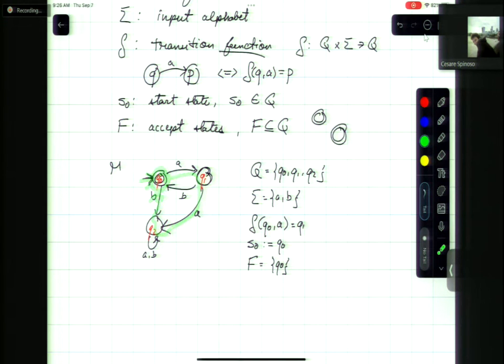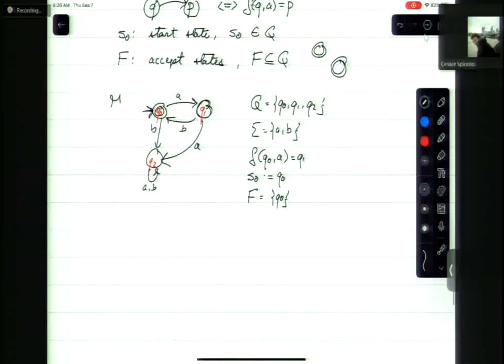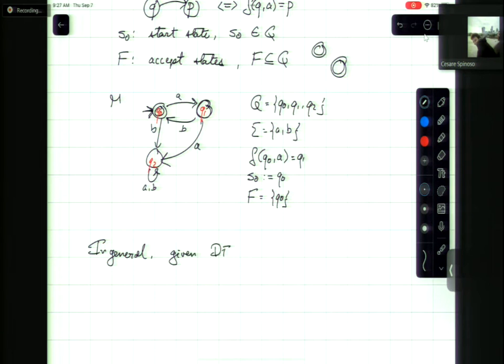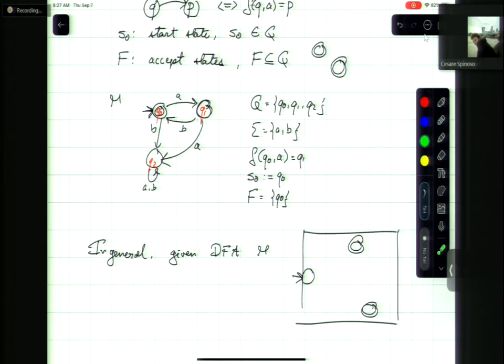But in general, given a DFA M, so this is some machine M, it has a start state, it has some accept states. To accept a string X, if M reads X, then it has to be able to get to an accept state, right? That's what acceptance means for a DFA. And so I need to formally define that for you.